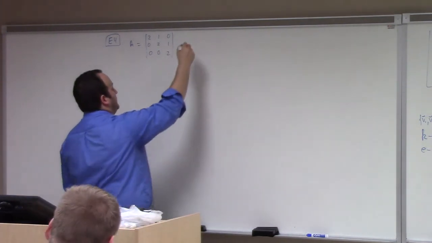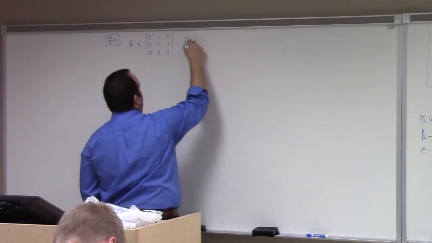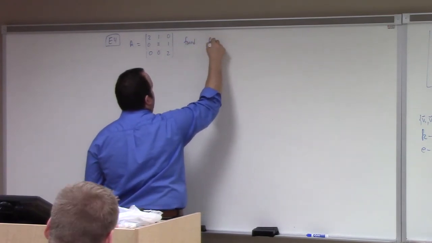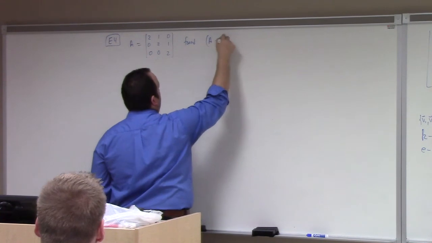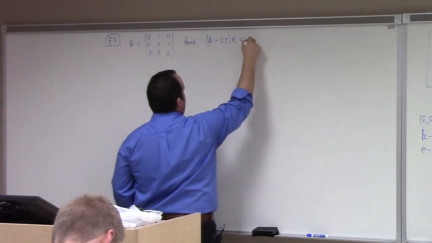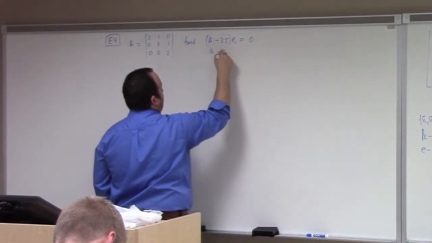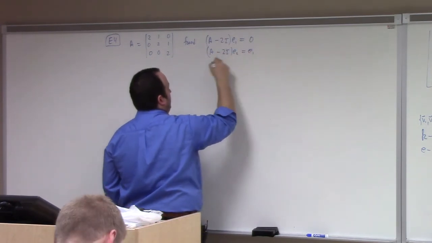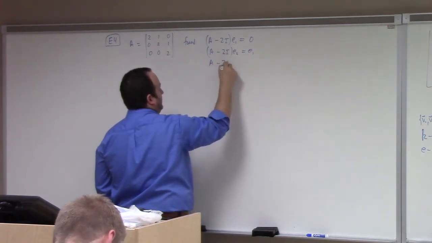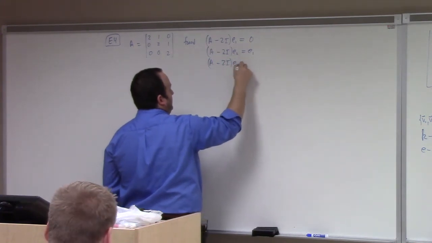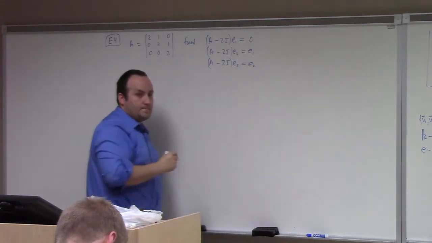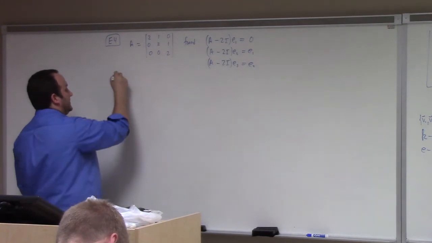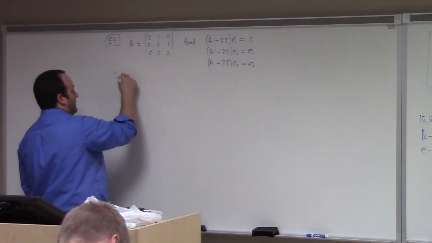So we found that (A minus 2I) e1 equals 0, (A minus 2I) e2 is equal to e1, and (A minus 2I) e3 is e2, right? Okay, so let's construct solutions by magic.